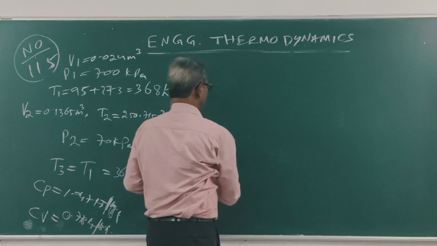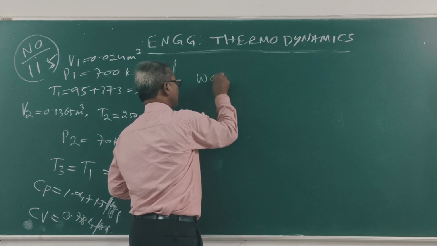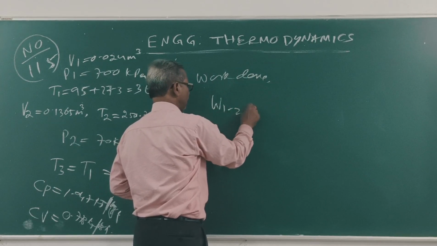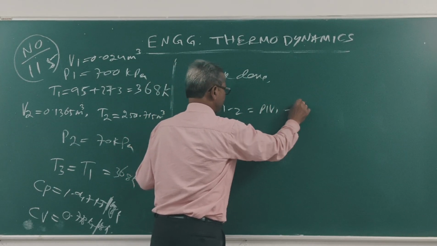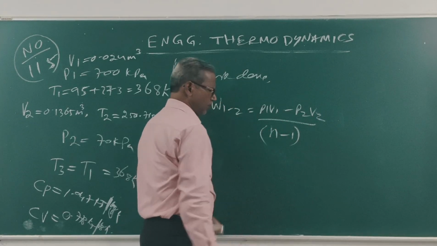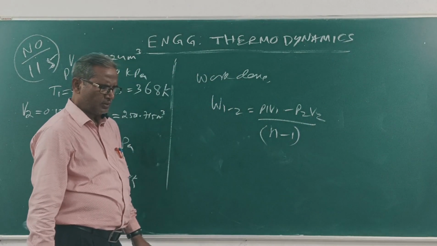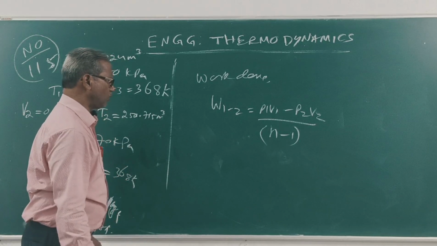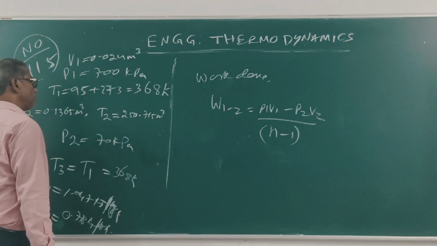So for process 1-2, work done W12 is equal to P1 V1 minus P2 V2 by n minus 1. Clear? We have P1 V1, P2 V2.